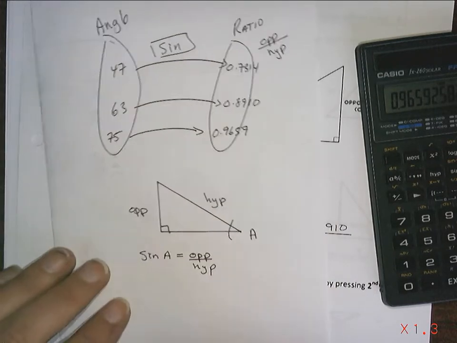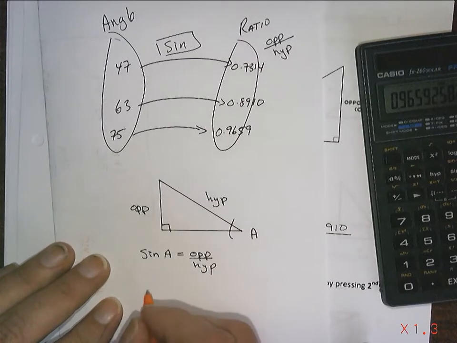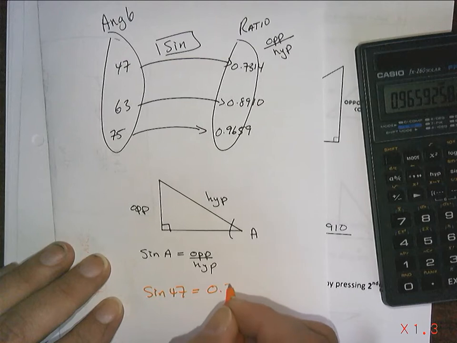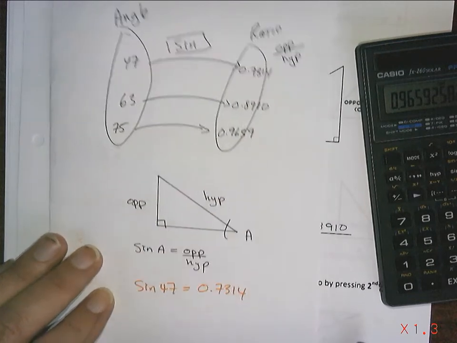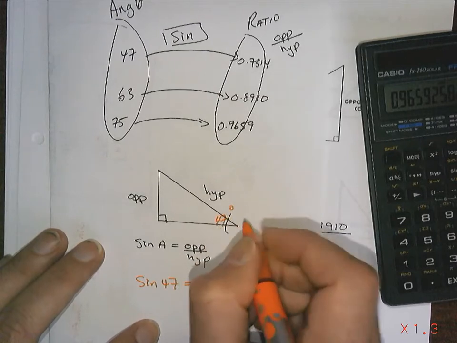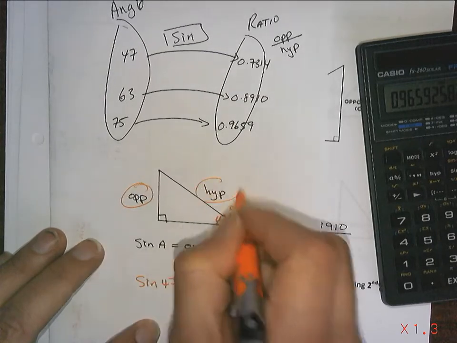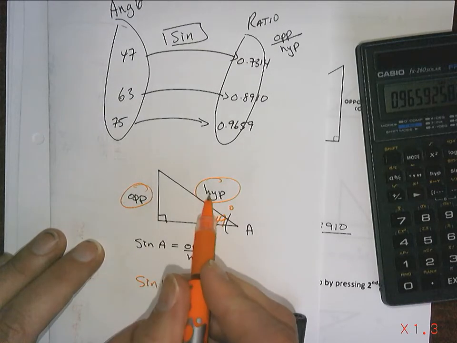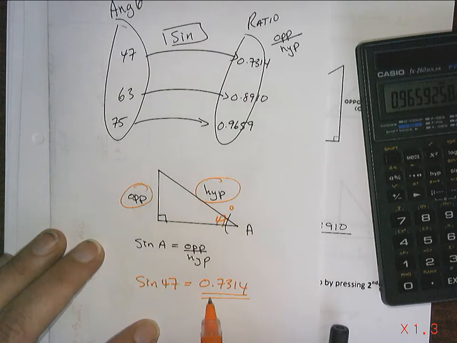So if I now take that and put in some numbers, sine of 47 equals 0.7314. What that means is that this is 47 degrees, and this divided by this equals that decimal. So whatever this length is divided by this length gives me that decimal. And when that happens, it's the sine of 47 degrees.